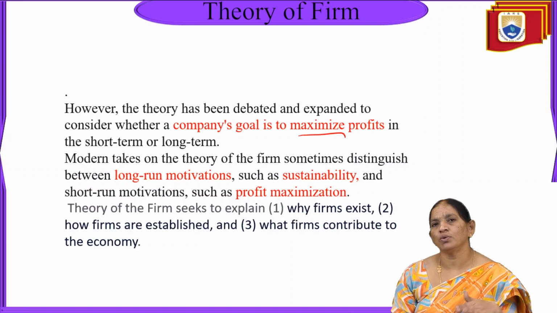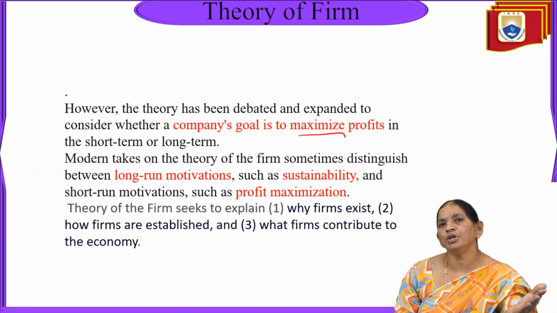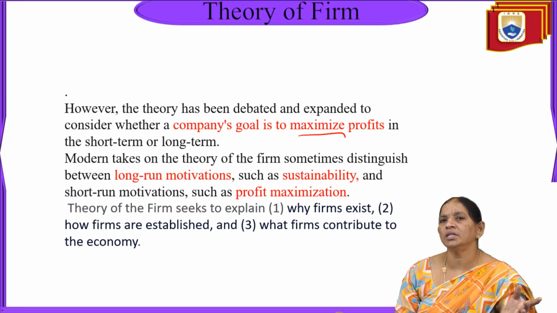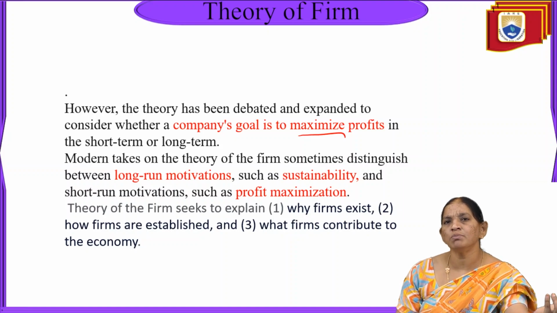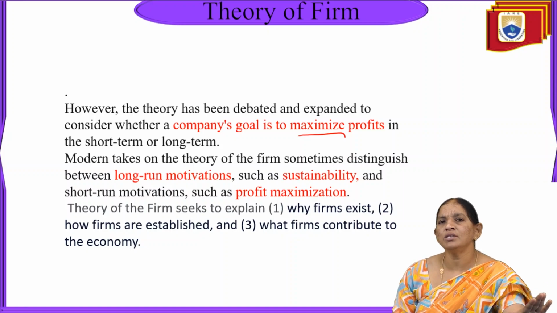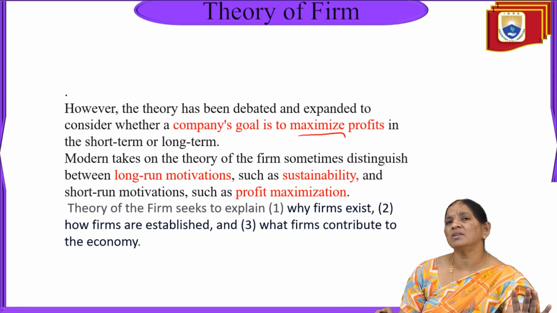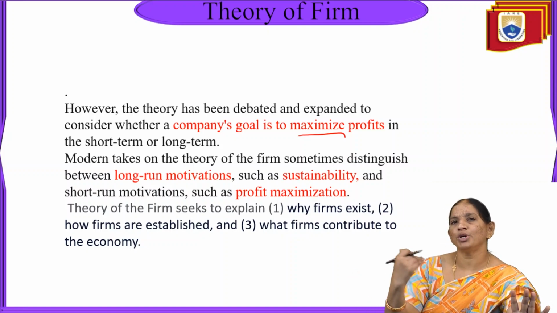Maybe it is of a long term nature, maybe it is of a short term nature. Maybe the long term motivators also want sustainability, but with a lesser amount of profit. But this is not saying that there are no profits. They are having profits, but with a lesser amount of profit. In the short term, I always want to sell the goods and go, so I want a larger amount of profits.